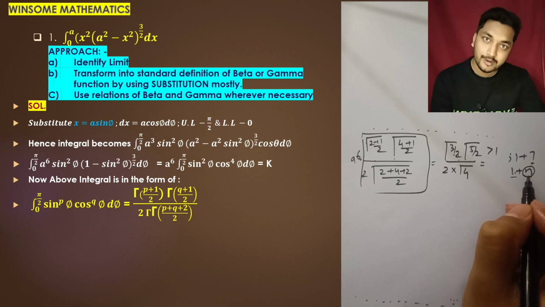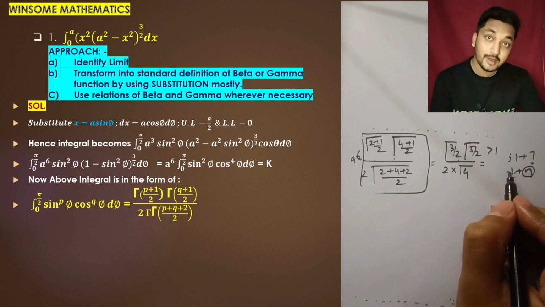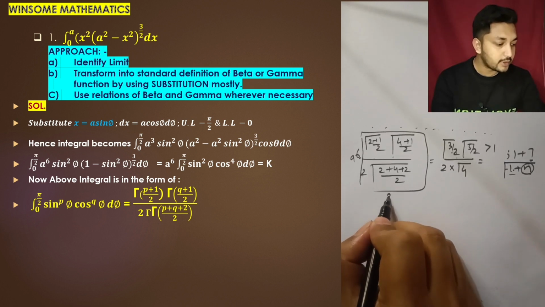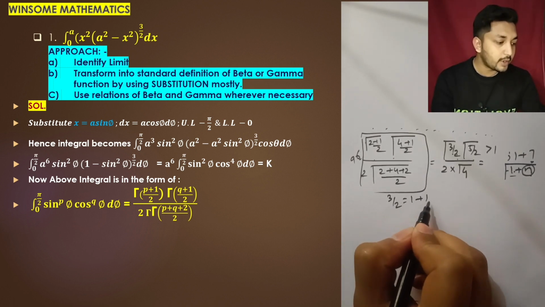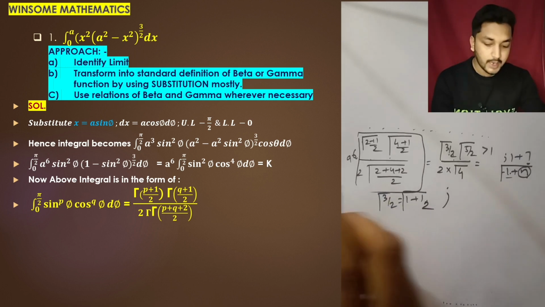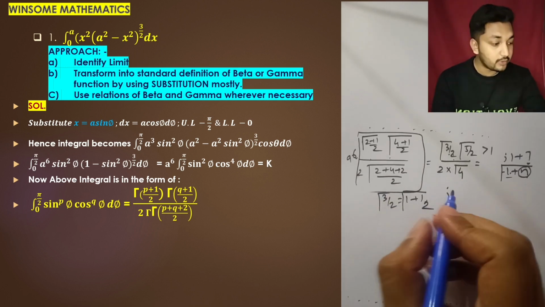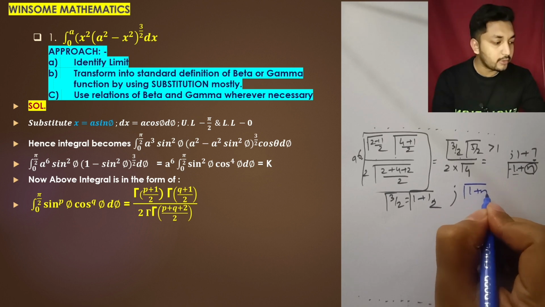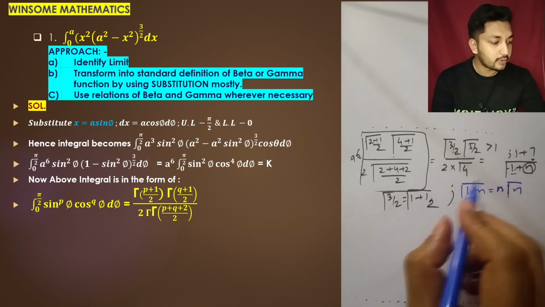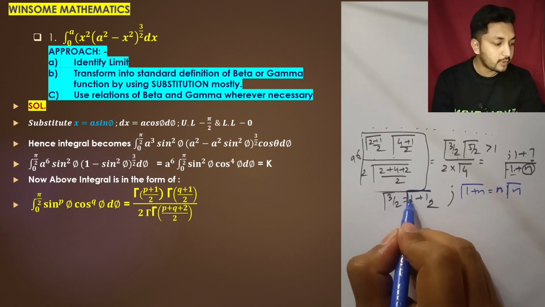I hope you remember, yes, gamma 1 plus n, the recurrence relation. That must strike in your mind. So now we will use gamma 1 plus n. So 3 by 2 we can write as 1 plus 1 by 2. So gamma 3 by 2 is gamma 1 plus 1 by 2, and we know that gamma 1 plus n is equal to n gamma n. Okay. So 3 by 2, 1 plus 1 by 2.